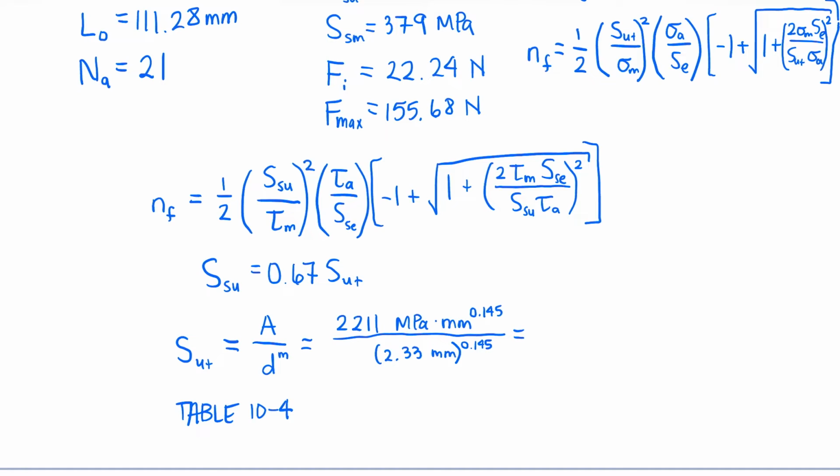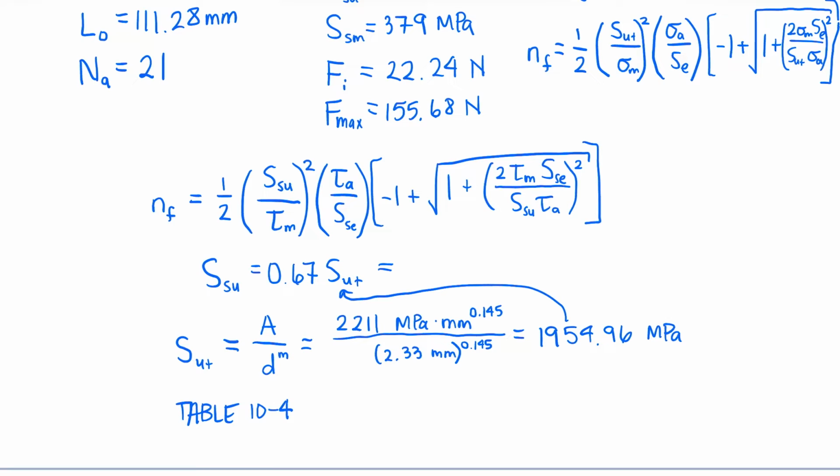So we can plug that into our calculator and find our ultimate tensile strength, which you should come up with about 1954.96 megapascals. Okay, and now we just take this number and plug it into the equation above.